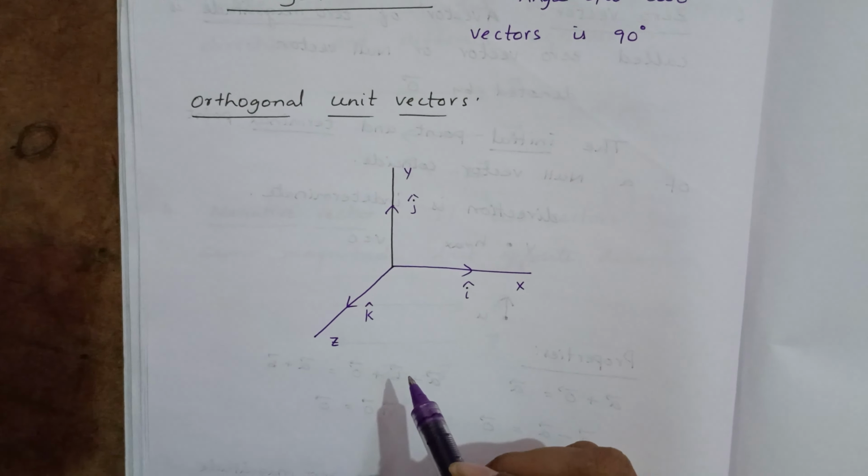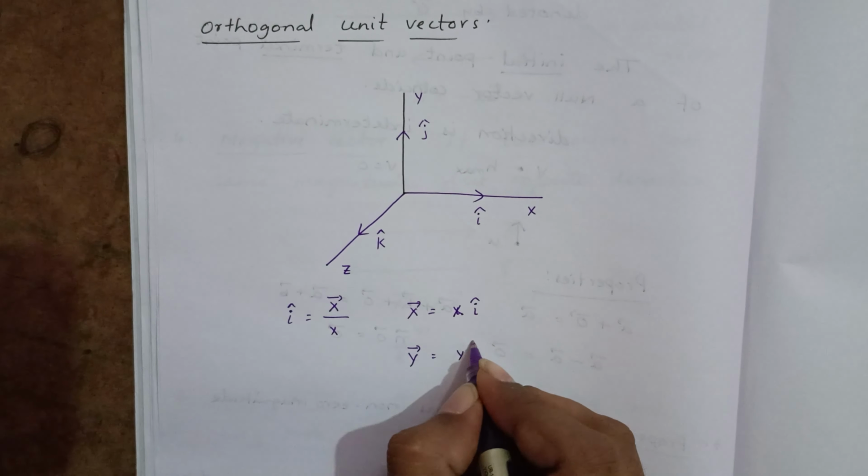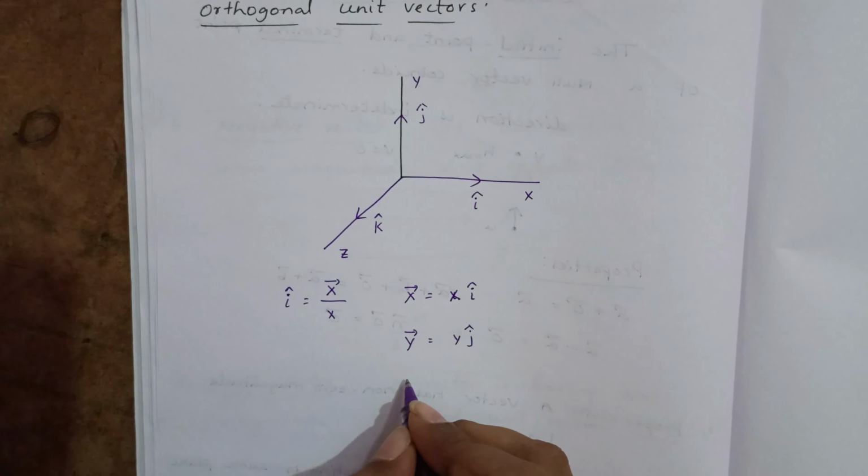Like that, vector y equals magnitude of y into j cap. Vector z equals magnitude of z into k cap.